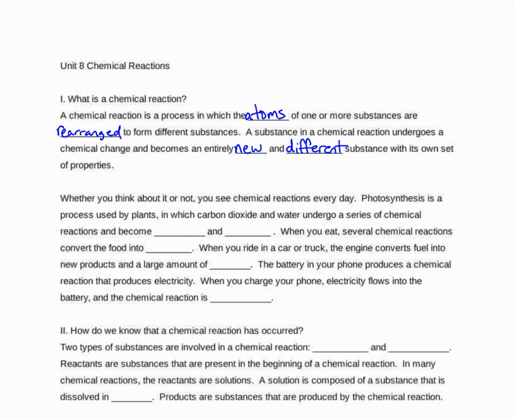This excludes some things, like if you have a piece of ice that melts, it's kind of new, but it's not a different substance, and so that doesn't classify it as a chemical reaction. As we go through this unit, you're going to have to think critically about some of these things and question, did a chemical reaction really occur, or could I explain this in some other way that's maybe a physical change?